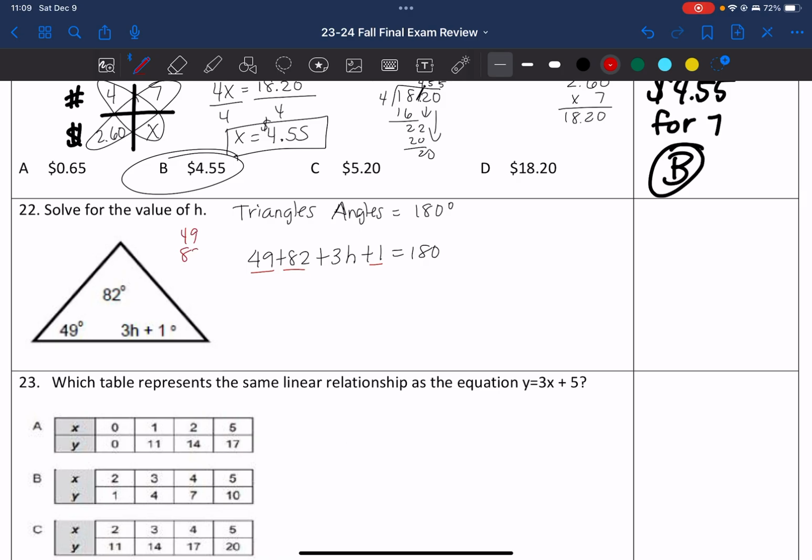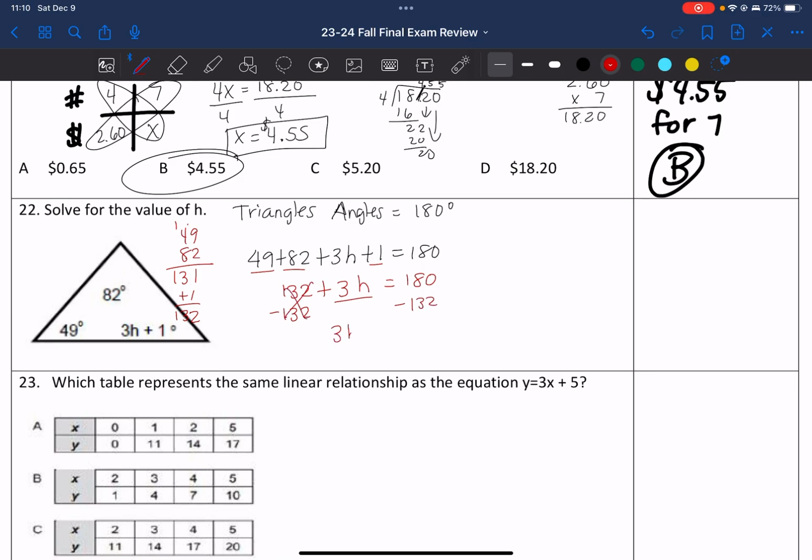49, 82, 9, 10, 11, 12, 13, plus 1 would be 132. So 132 plus 3h is equal to 180. Now, I'm trying to get 3h by itself, so I first have to remove this 132 by doing the opposite, which is going to be negative 132.